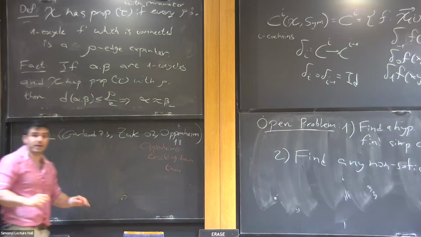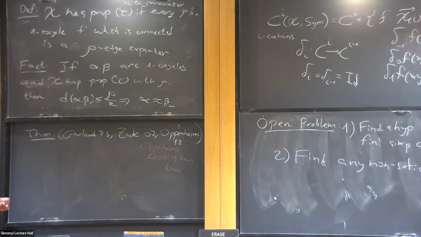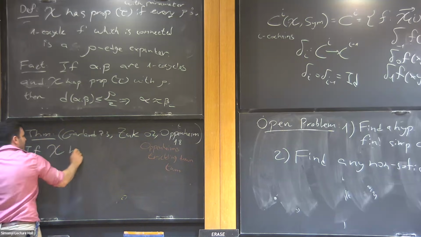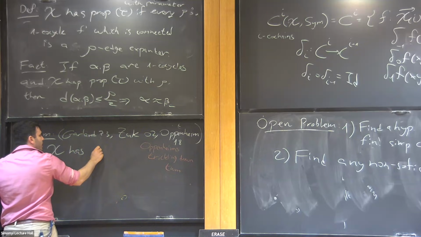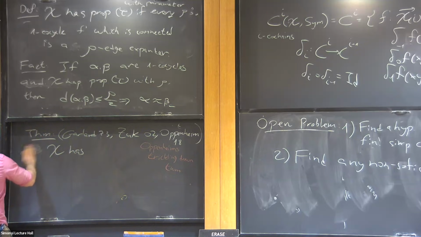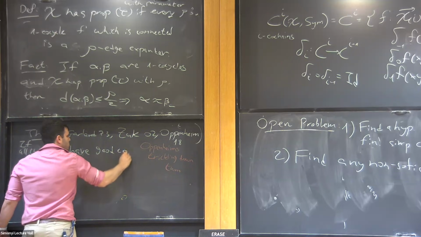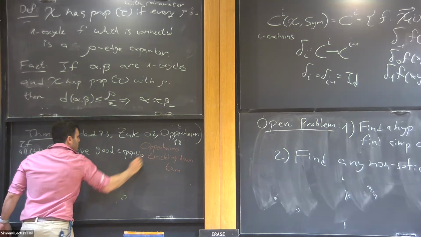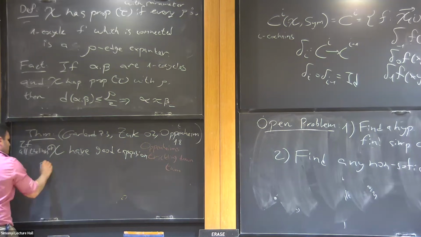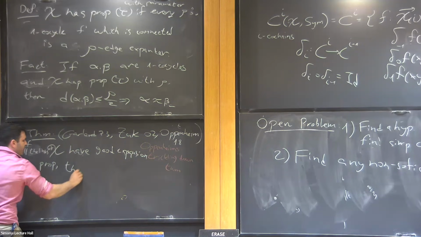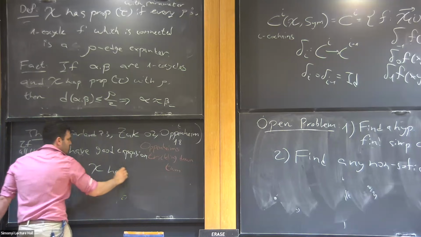I won't give you an exact form of this theorem, but I'll just say the following thing. If all the links of X have good expansion properties, then X has property tau.